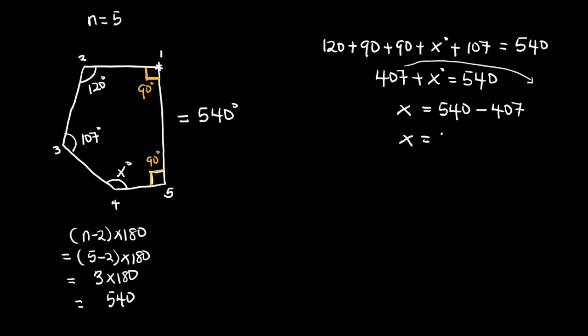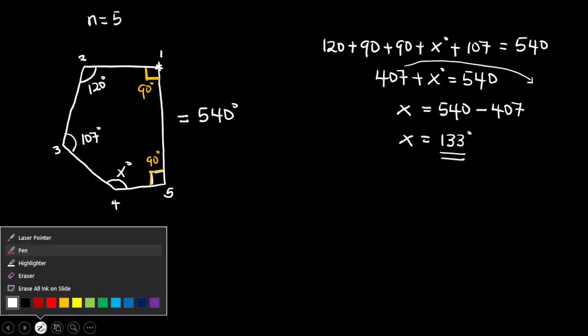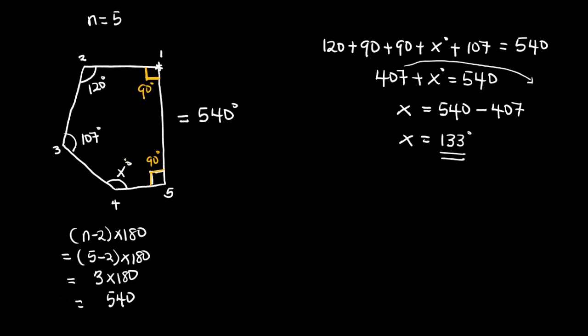Okay, and this will give me 133 degrees as the value for x. So therefore, the angle over here is 133 degrees. Okay, so this is how we solve problems involving finding the missing angles in a polygon.